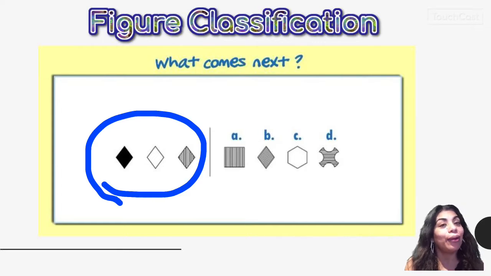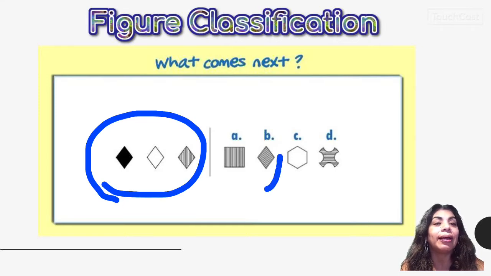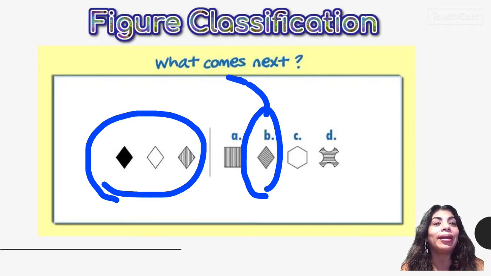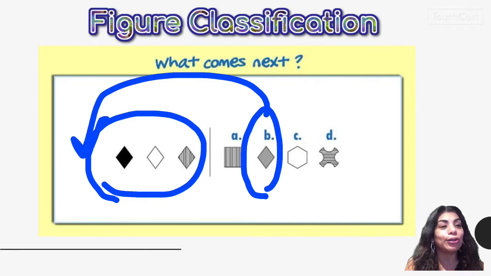They're all a rhombus, right? Some are filled with different colors, and some are not even filled at all. But the important thing is, how are they all alike? They're all a rhombus. So I'm going to look at my choices, and guess what? There's only one that's a rhombus. So that one can actually move and belong to the group.